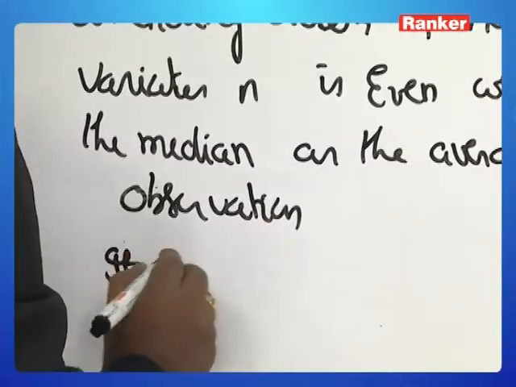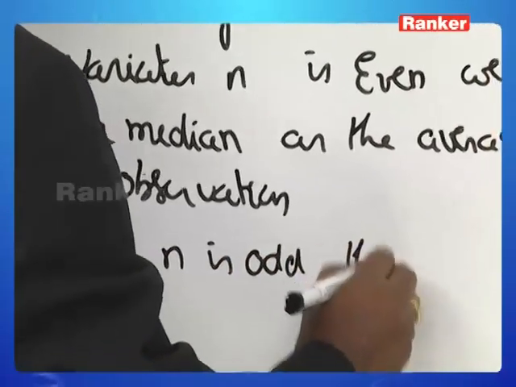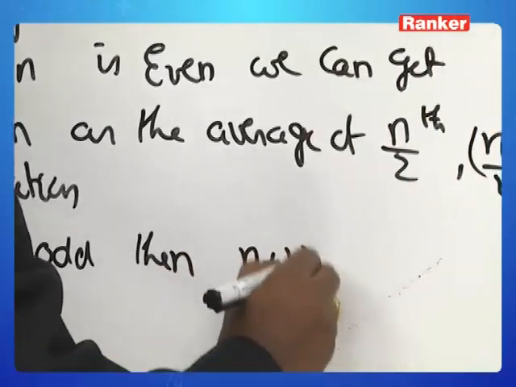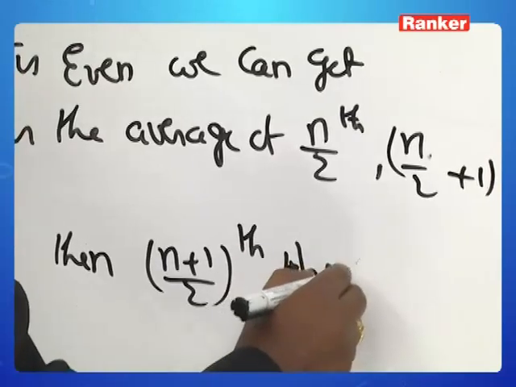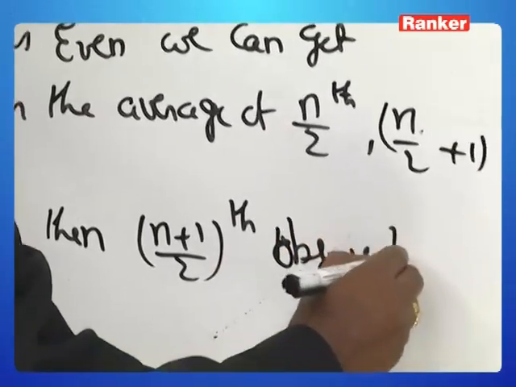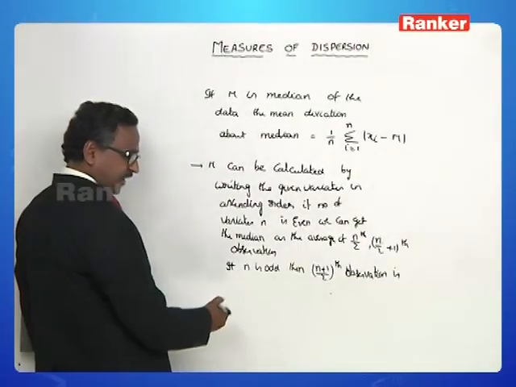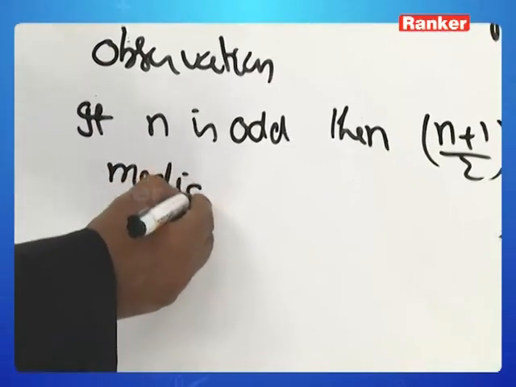And if n is odd, then n plus 1 by 2th observation is the median of that data.